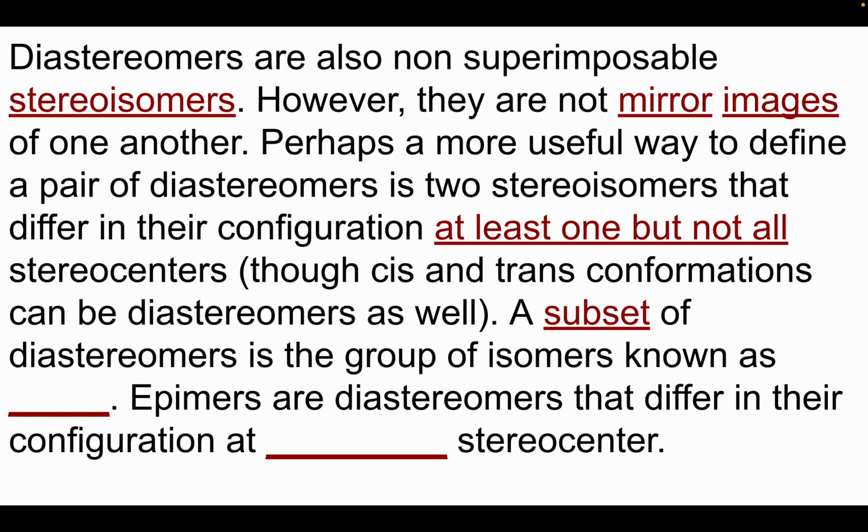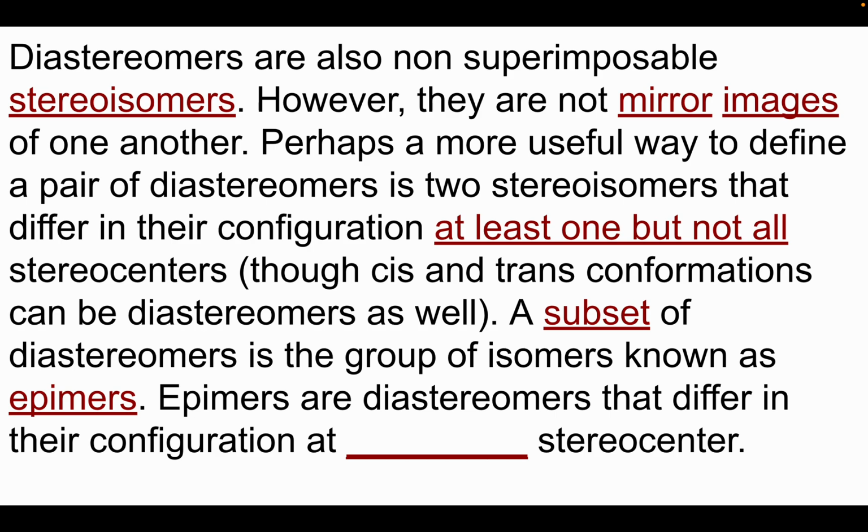A subset of diastereomers is the group of isomers known as epimers. So first of all, what's a subset? A lot of you know that I also teach math. So a set is sort of like a list of things. In math, we say that a set is a list of mathematical objects.